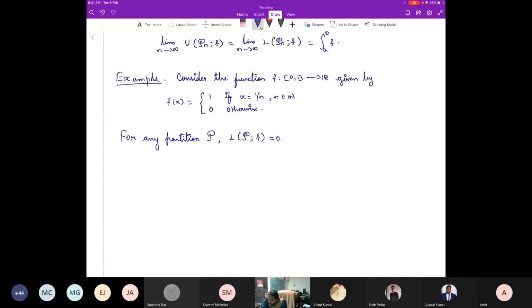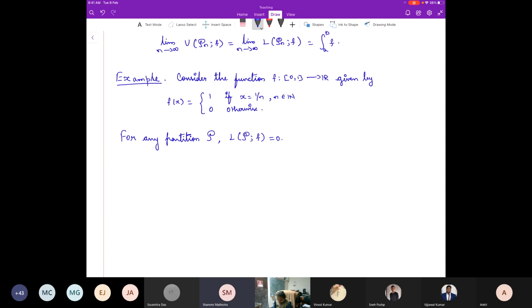Now, what we wanted is the upper sum. How to get the upper sum? We can take a sequence of partitions. How do you choose your sequence of partitions? First 0 to 1, then 0, half, 1, then 0, 1/3, half, 1.